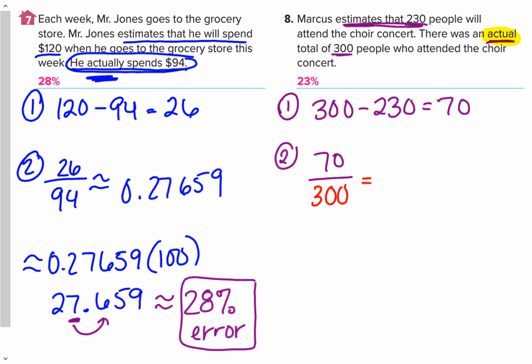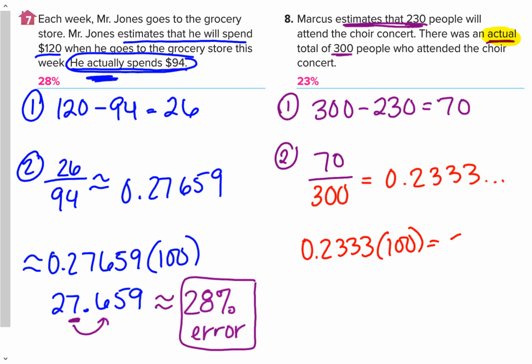Now when you divide that, you get 0.2333, and that goes on forever. So we're just going to take 0.2333, multiply it times 100. You're going to get 23.33. Again, we want to round to the nearest whole percentage. So it stops here. Does the 3 make the 3 go up or stay the same? Makes it stay the same, so 23% error.